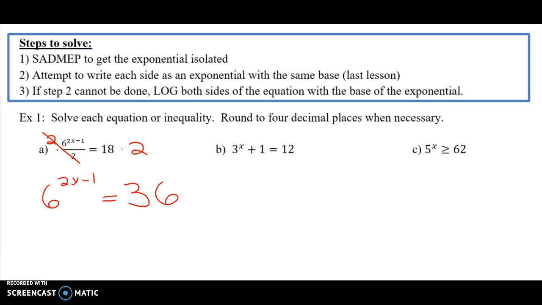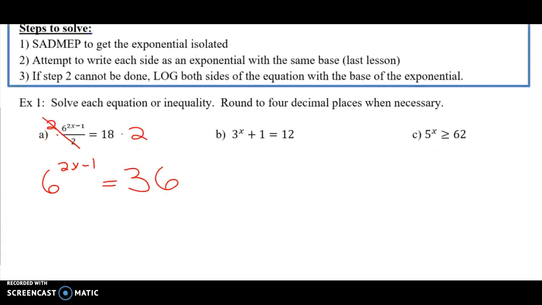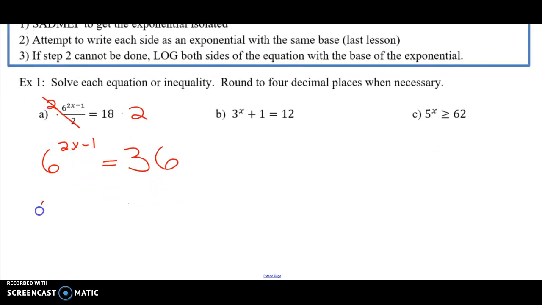For this one, can you rewrite the bases the same? Yeah. What is 36 with a base of 6? 6 squared. Remember, it's 6 times 6, which is 6 squared. Now, you just set the exponents equal.